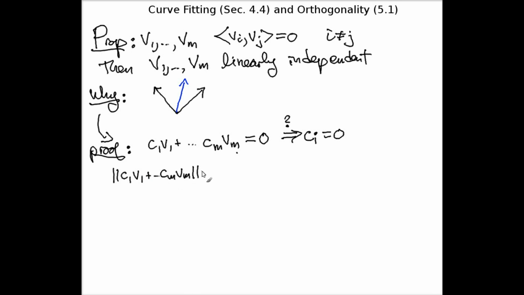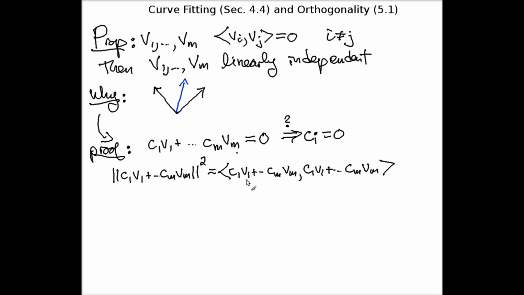What's the length of this vector? Well, let's compute the length squared, so I don't have to carry around a square root. The length squared is the inner product of C1 V1 plus ... CM VM with itself. And what is that?